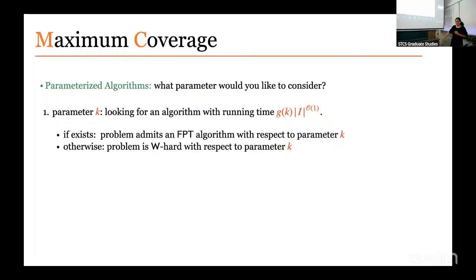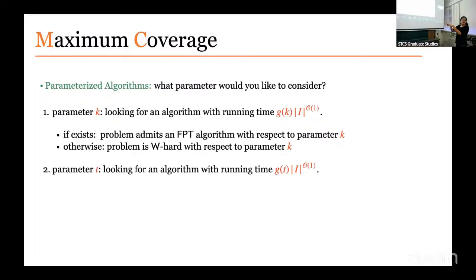Clique is W[1] hard, but these set cover type problems are W[2] hard. When you say that something is W hard, it's not a conditional statement. You're saying there is no FPT algorithm. The condition is like, there we have P not equal to NP, here FPT not equal to W.